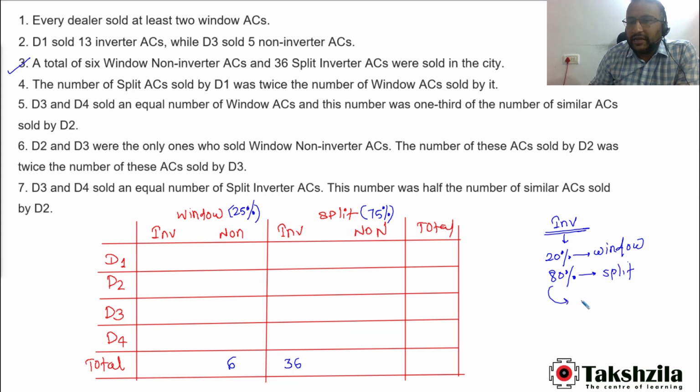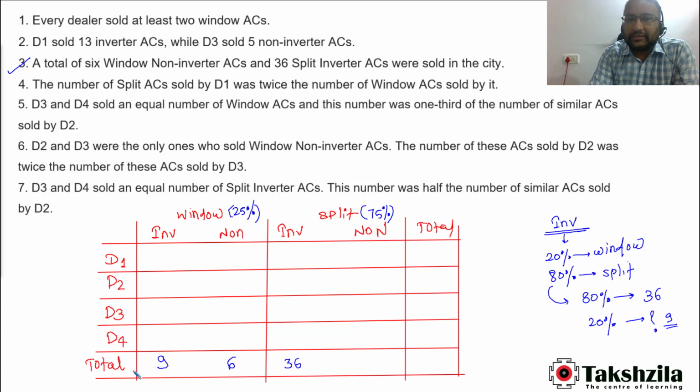Now this 80% under inverter represents 36. So 20% represents how much? 20% represents 9, if you divide both sides by 4. So how many window inverter ACs are sold? 9. So 9 will come over here.